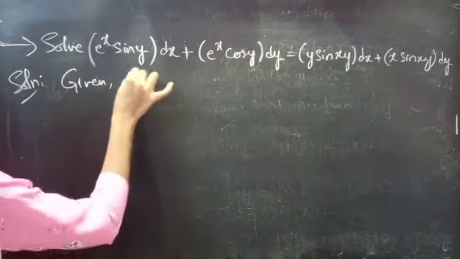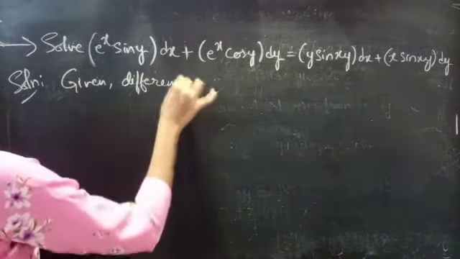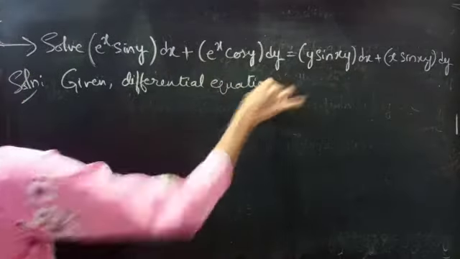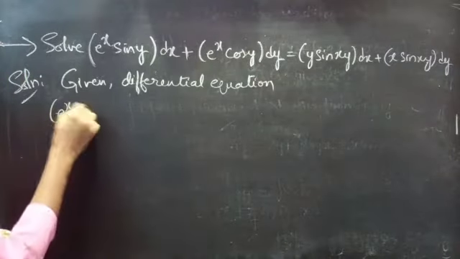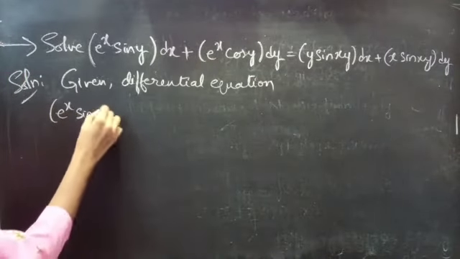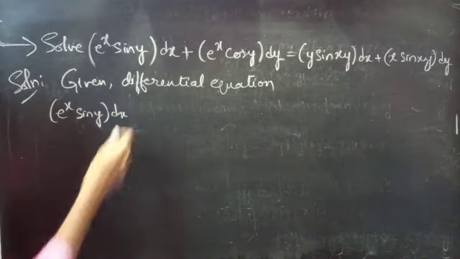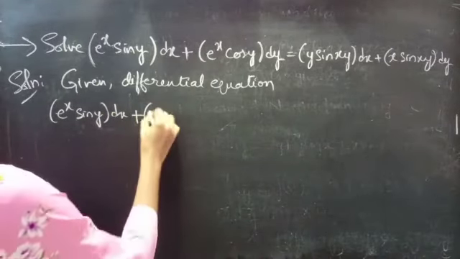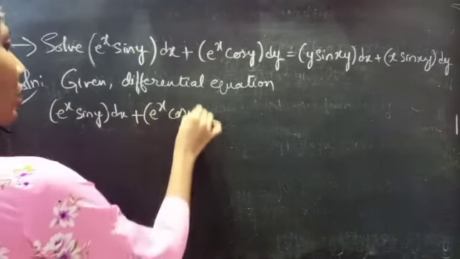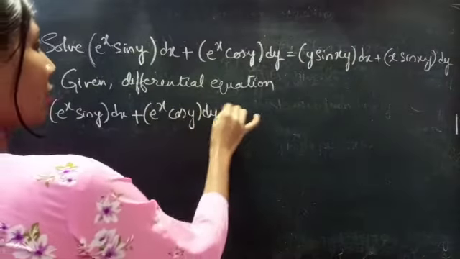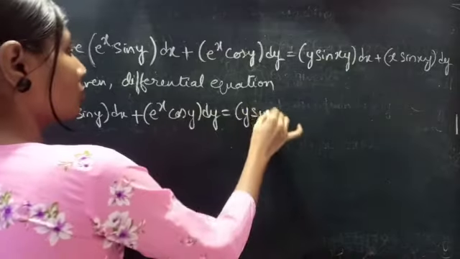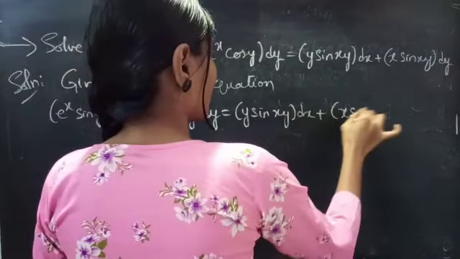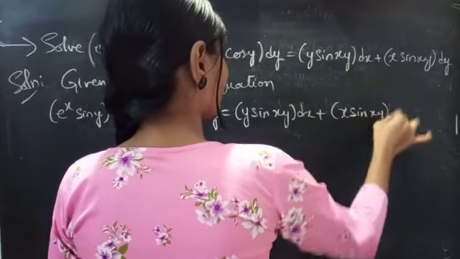Given differential equation: e^x sin y dx + e^x cos y dy = y sin(xy) dx + x sin(xy) dy.